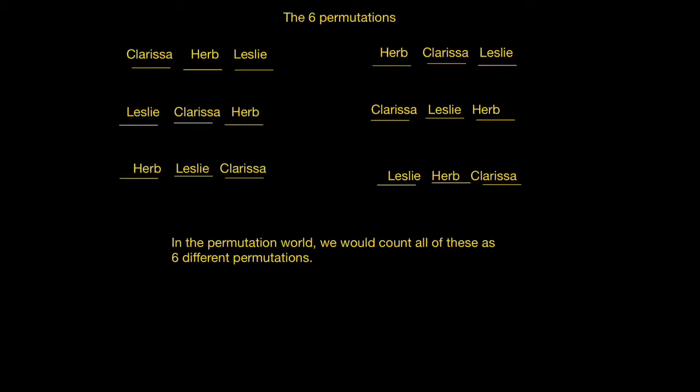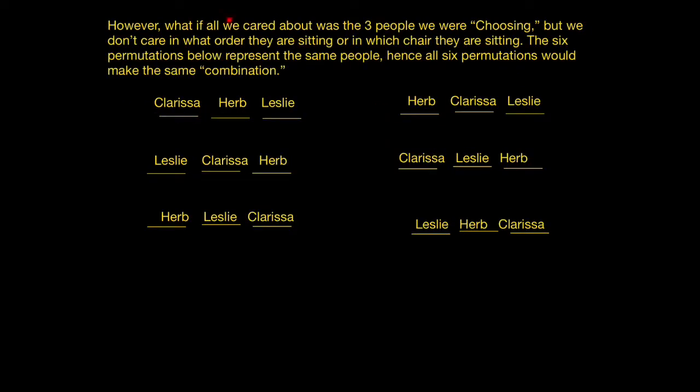But now, what if all we cared about was the 3 people we were choosing, but we didn't care in what order they are sitting or in which chair they are sitting? The 6 permutations below represent the same people, hence all 6 permutations would make the same combination.